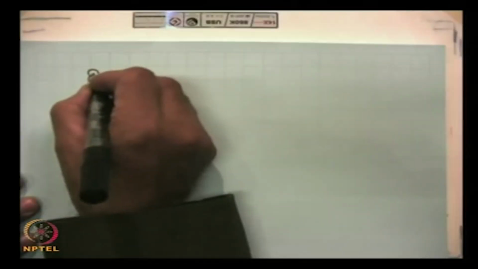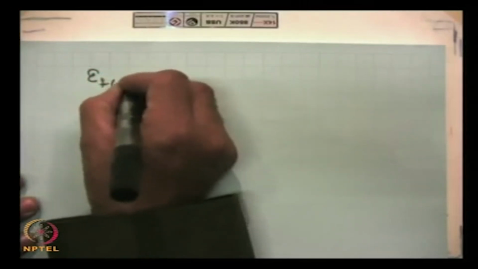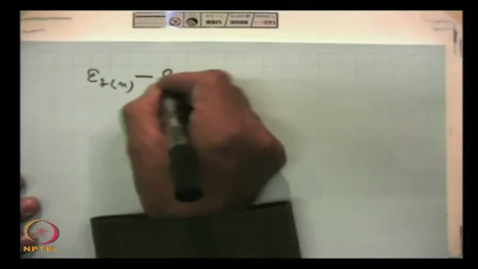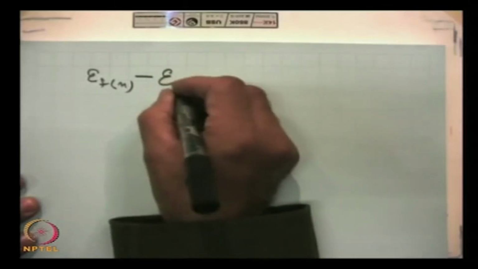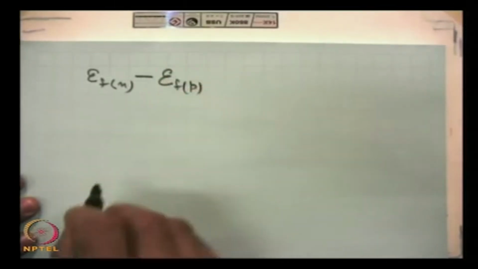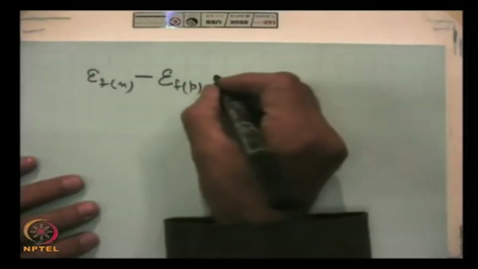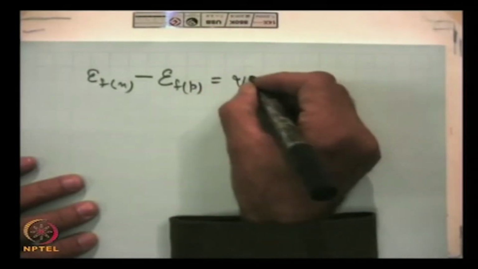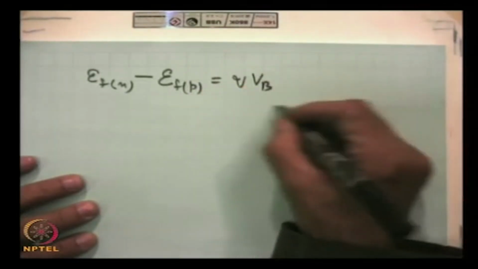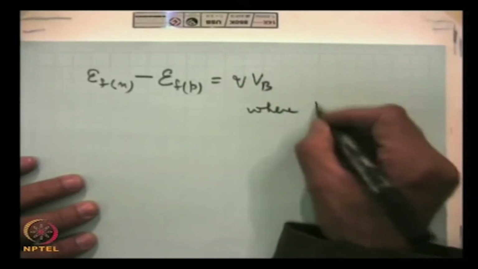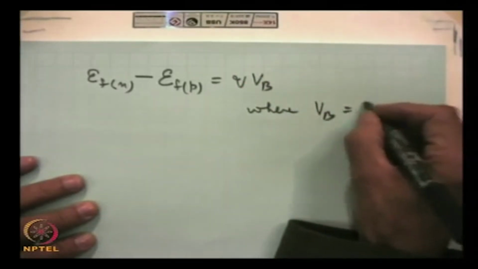If we subtract, then we get the expression: epsilon F, that is Fermi energy for the n type material, minus Fermi energy for the p type semiconductor, since they have aligned, the difference of the two should be equal to q VB, where VB is contact potential.